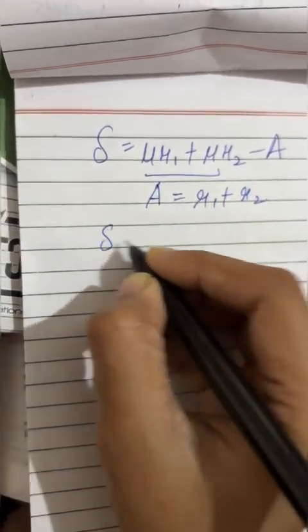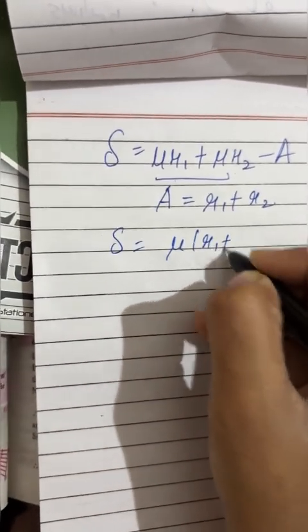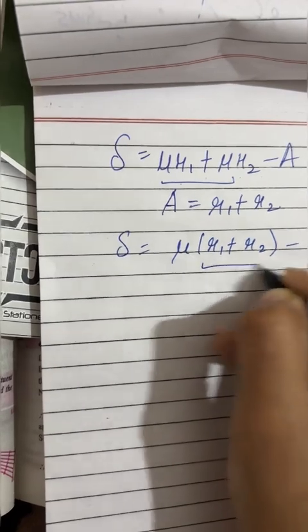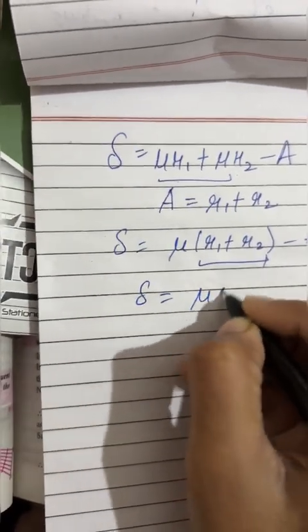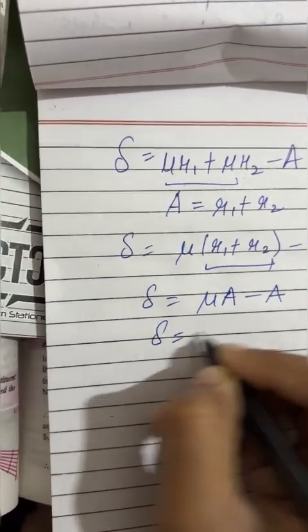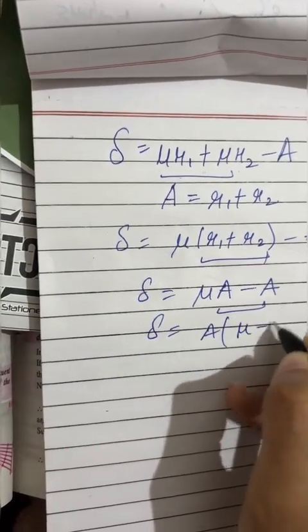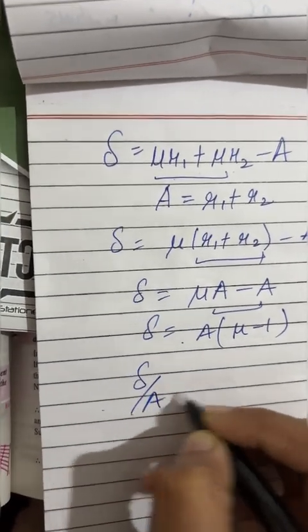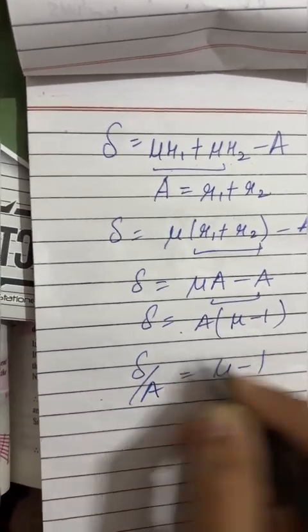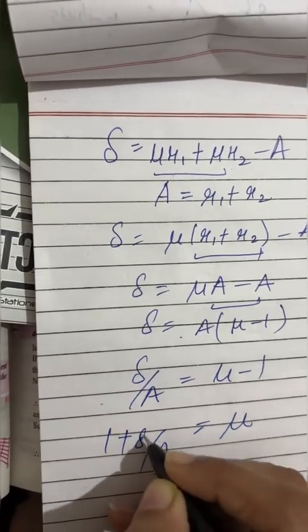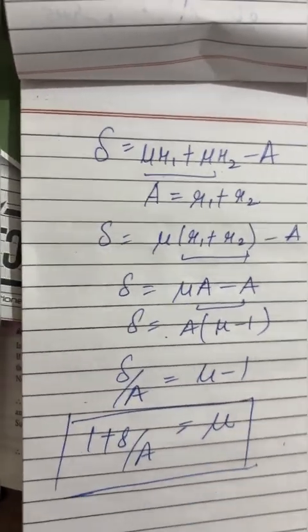So just take mu common. I can write R1 plus R2 as A. Then I will take A common. So it will become mu minus 1, and mu is equal to 1 plus delta by A. So hence proved this equation.